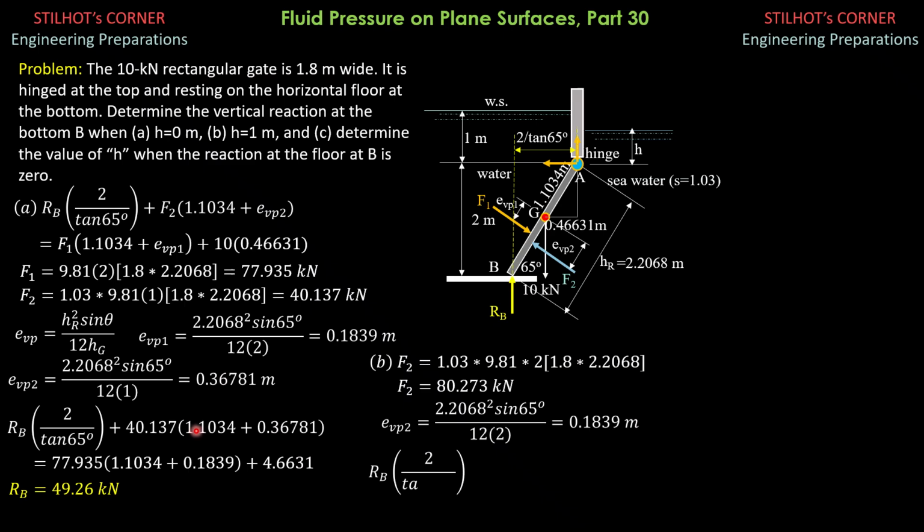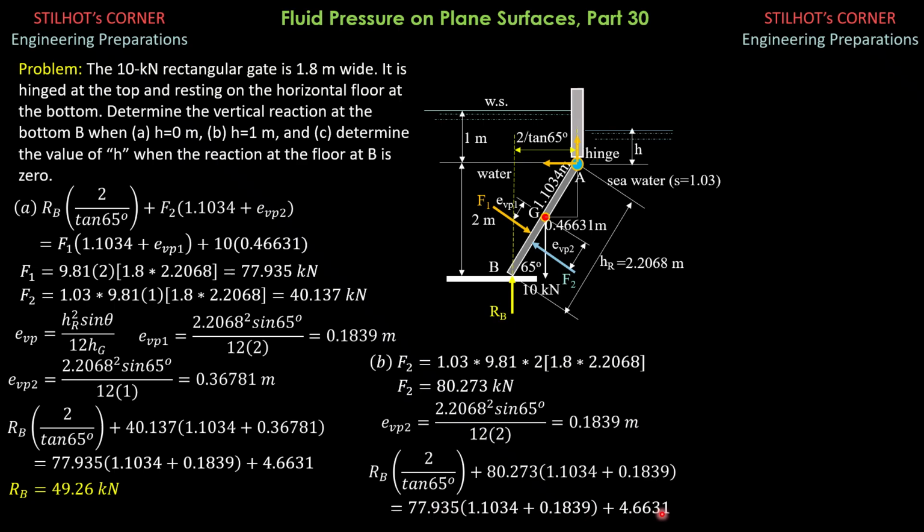So RB times 2 over tangent 65 degrees plus F2, this time 80.273, quantity 1.1034 plus 0.1839 equals 77.935 times quantity 1.1034 plus 0.1839, then plus 4.6631.